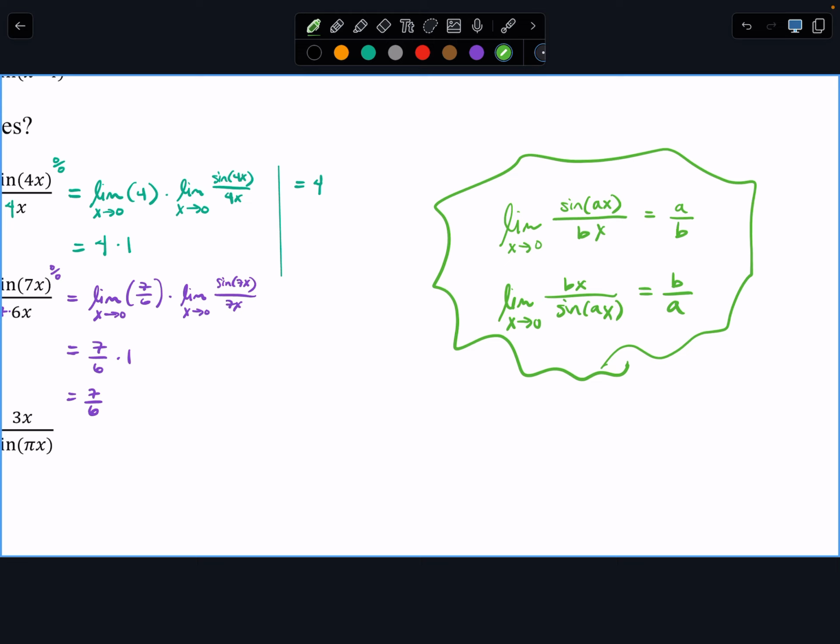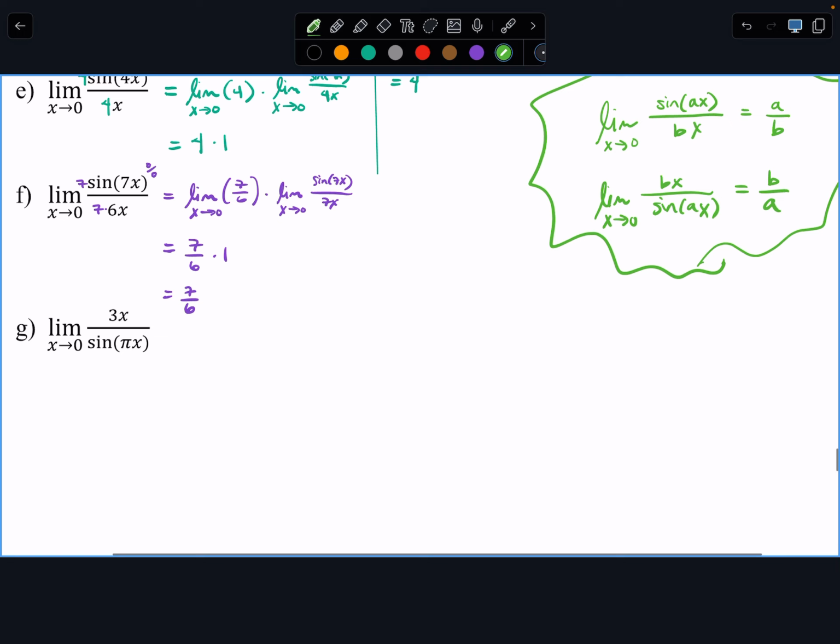Okay. Look at the graph. So you guys, using this, you're like, oh, the limit as x approaches 0 of 3x over sine of pi x must be 3 over pi. Which you obviously first thought about direct substitution, but then you're like, 3 over pi.